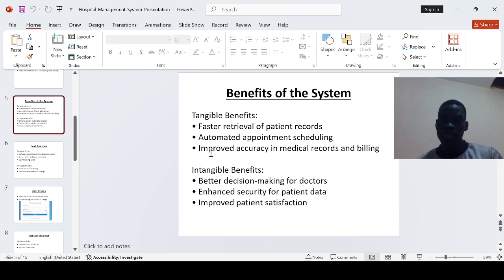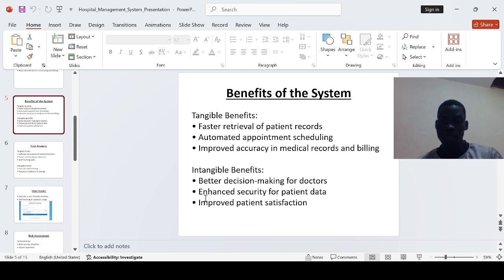We say that there is improved accuracy, since doctors will interact with the patient's records and obtain the required patient history, and thus also make decisions on the right prescription. The intangible benefits: we have better decision making for doctors, where these doctors will make better decisions via each of these patient histories.